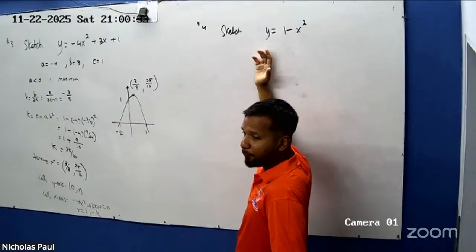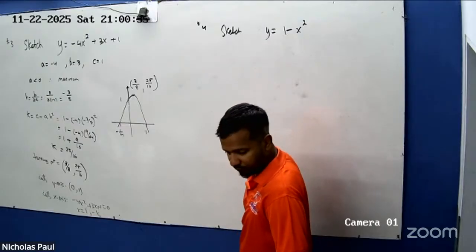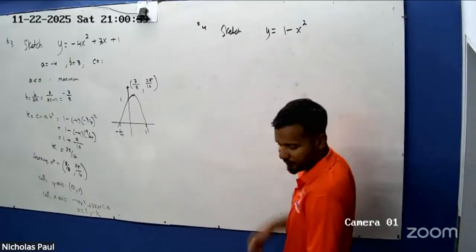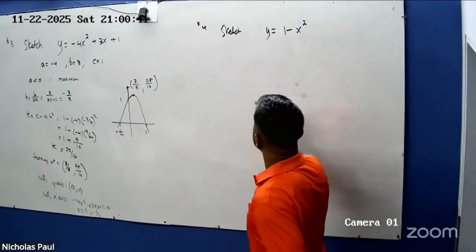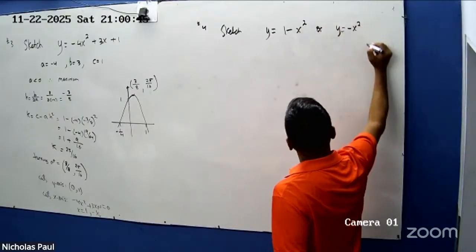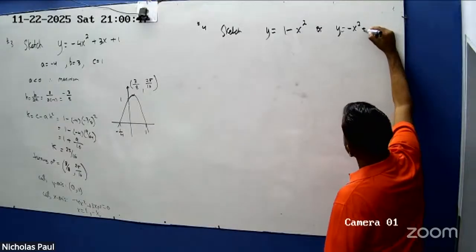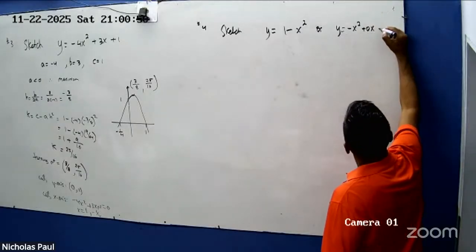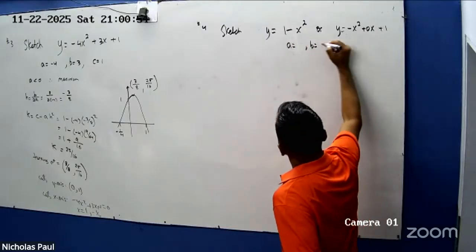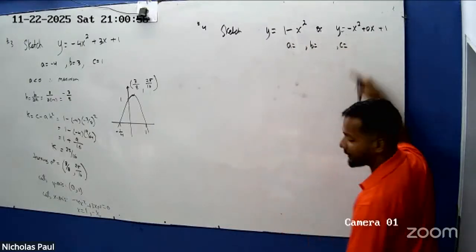It means that b is 0, right? A is minus 1, yeah, c is 1, and b is 0. So it could also be written like this, right? Y is equal to minus x squared. If you want, you could write this. You don't have to. Plus 1. So now you could see what is A, you could see what is B, and you could see what is C. You don't have to do that.